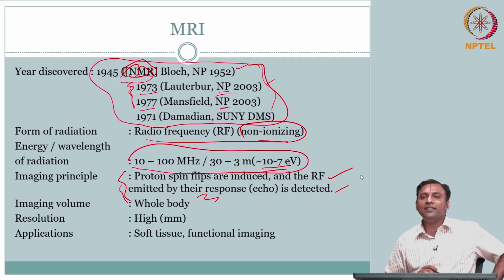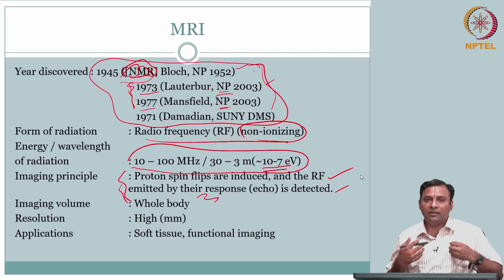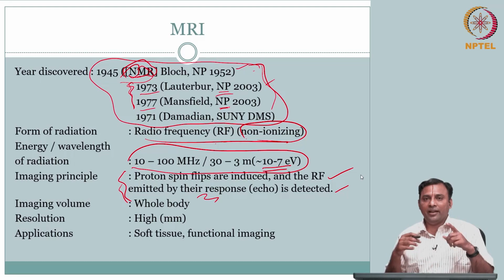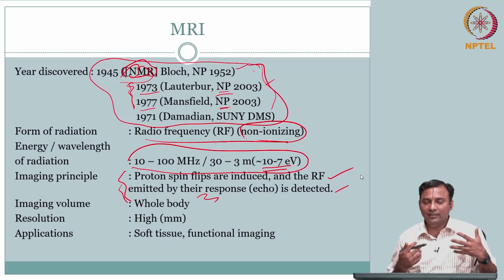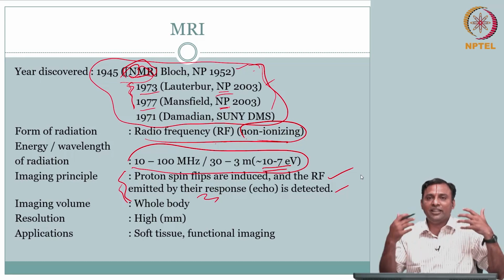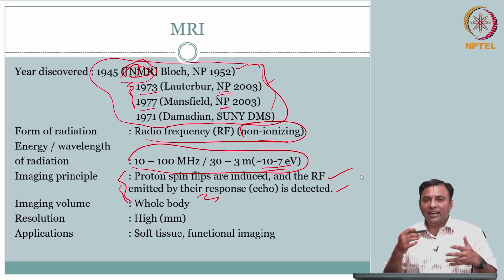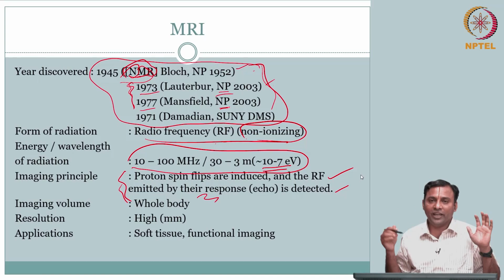Let us say for the moment, there are atoms, we are all made of material, and there are a lot of hydrogen atoms in our body, and hydrogen atoms have their own spin characteristic. What we are interested in is understanding where all the hydrogen is, the hydrogen or proton density, and how I exploit the spin property to say how many protons are there in which location.